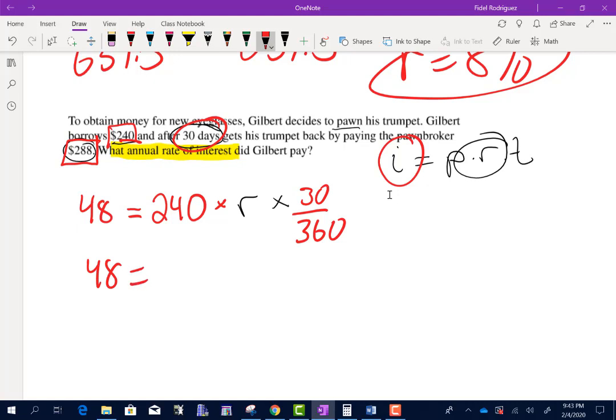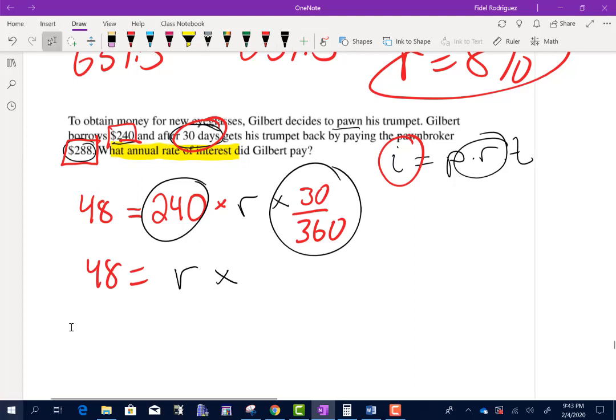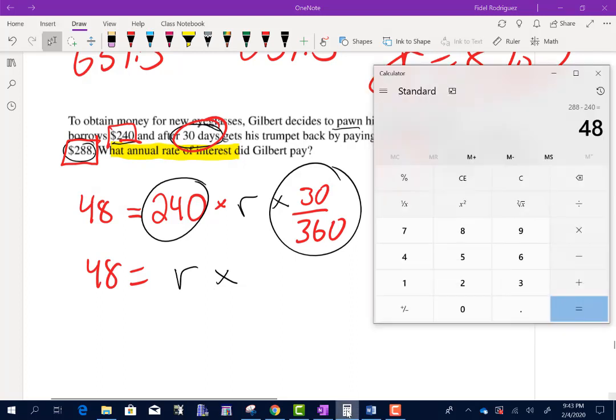So just like we did before, guys, I'm going to multiply this one here and these right here. So leave my R alone for right now. I'm going to take my calculator, and let's take 240 times 30 and divide it by 360. Okay, so I'm coming up with 20.